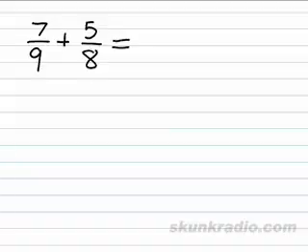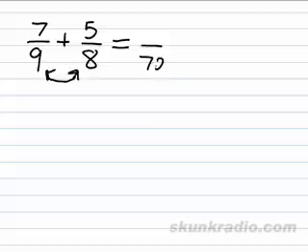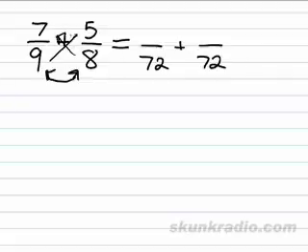I've got to find a common denominator, and I'm going to use my cross multiplication to do that. 9 times 8 is 72. So 72 is our new denominator. And then I'm going to cross multiply. 9 times 5 is 45. 8 times 7 is 56.